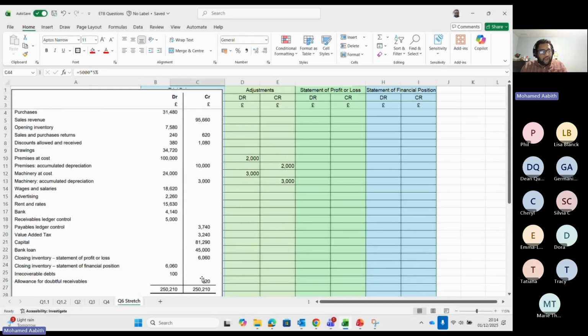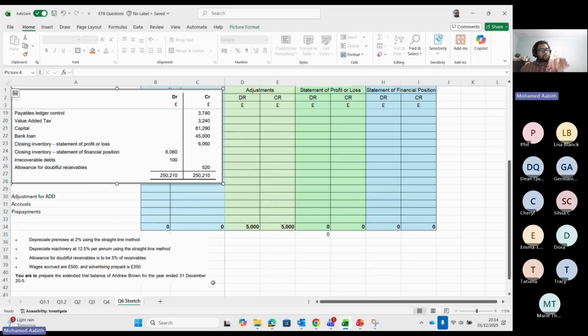So we're going to go from this £520 to £250. We're going to reduce that by 270. So I have to enter 270 on the debit side, and the allowance for doubtful debt adjustment account will have £270 on the credit side.